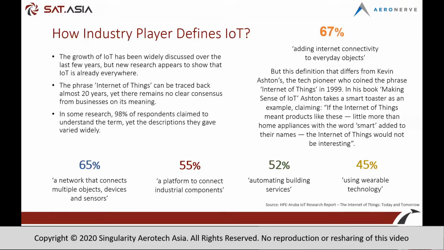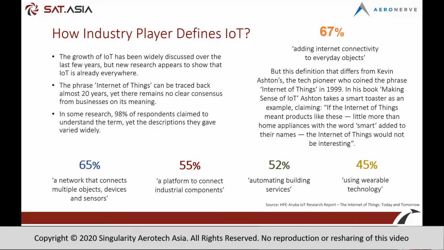But according to Kevin Ashton, the pioneer that coined the phrase Internet of Things, if it means a product that is connected to the internet, a little more than, say, a home appliance with the word smart added to it, it will not be interesting, as in, it can only give you information.